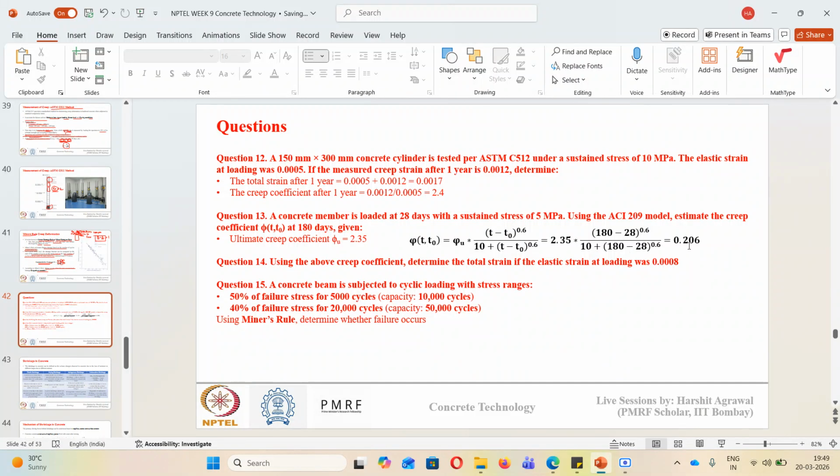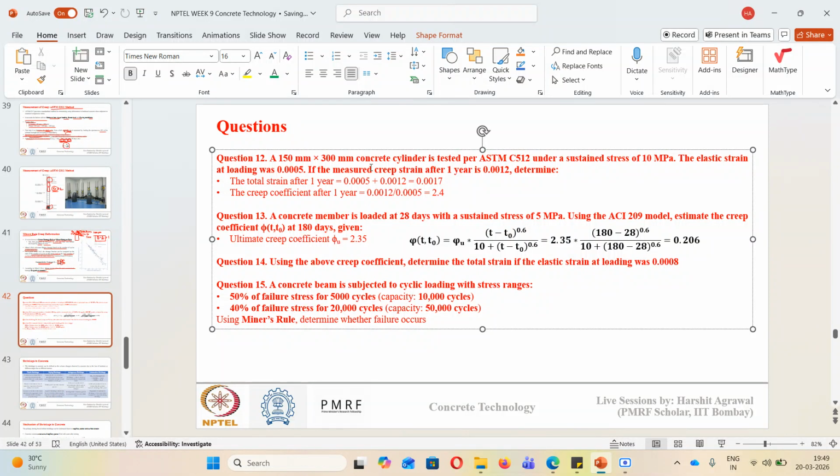So if you know the creep coefficient, then based on the elastic strain in concrete that is there initially, you can calculate the creep strain also. That is question number 14. Calculate the total strain if the elastic strain at loading is given as 0.0008.